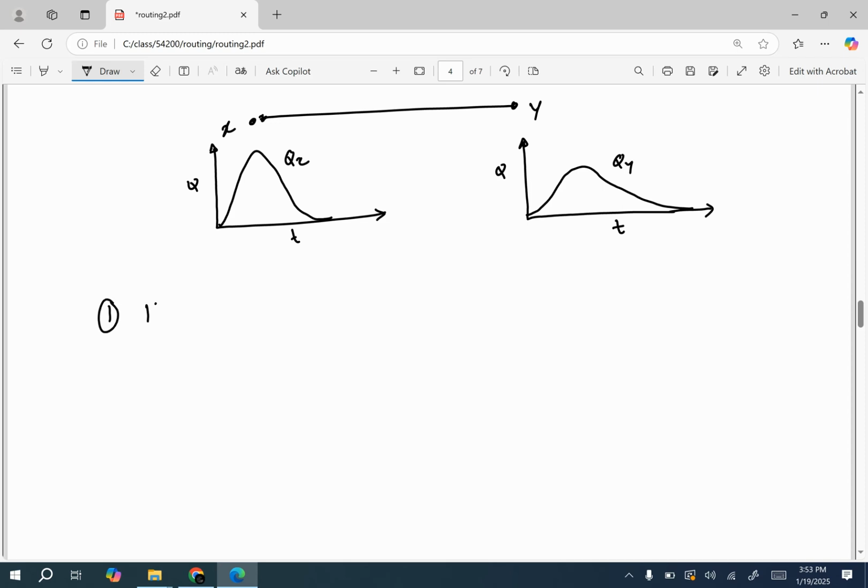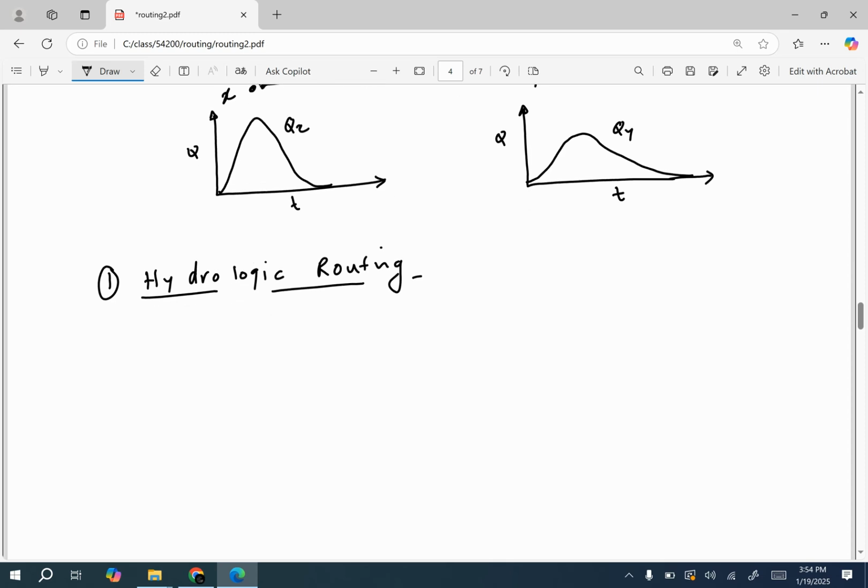The first method is called hydrologic routing. This is the simplest method compared to the other method, which is hydraulic routing, which we will discuss after this. In hydrologic routing, we use two different sets of equations.